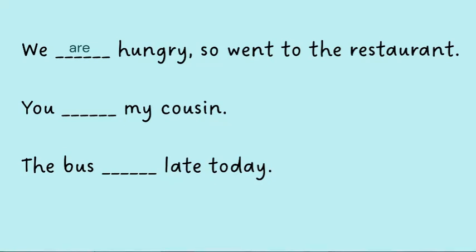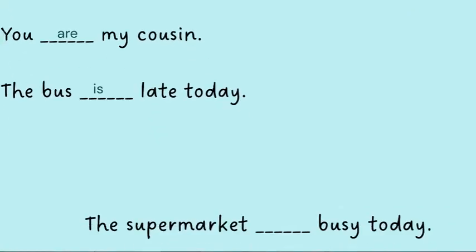You are my cousin. And the bus, late today. What would the bus be? It's a thing. So it becomes it. It would use the same form as it. The bus is late today.